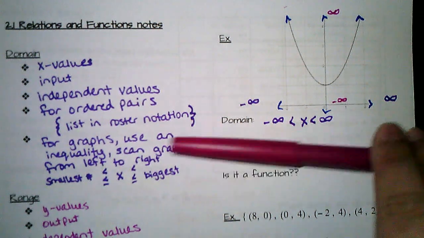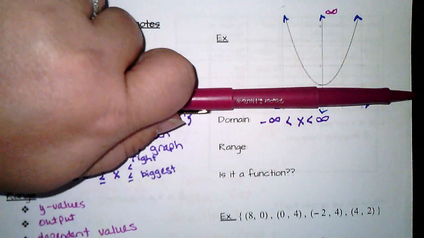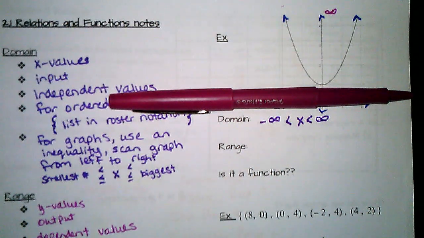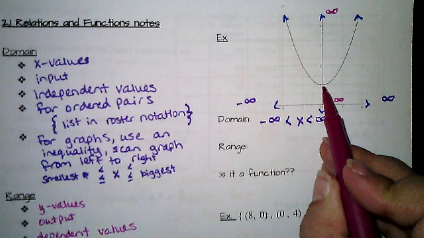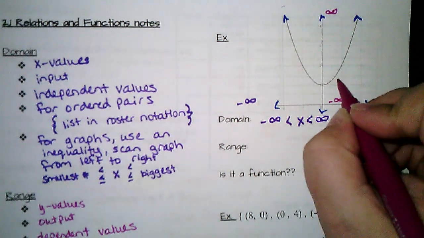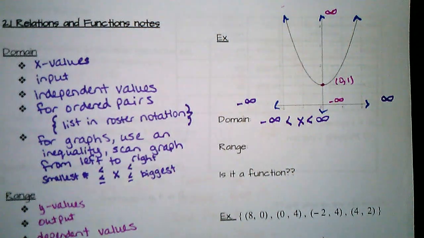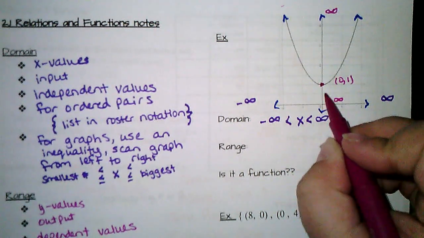This graph, as I go from the bottom and I go up, the first thing I touch is the bottom of that curve. Now that is not an arrow. So since I'm not hitting an arrow, I actually have to use this number. This ordered pair right here is 0, 1, because it goes over 0 and up 1.